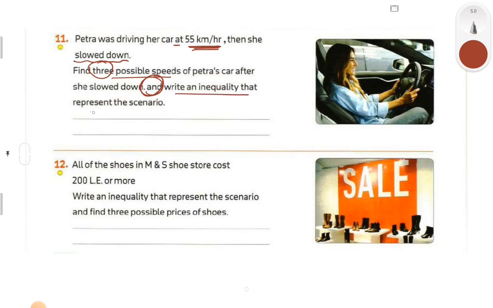First, what is the possible speed after she slowed down? She was driving at 55. After she slowed down, it may be 50 or 45 or 44 and so on kilometers per hour. Okay, this is the first part.